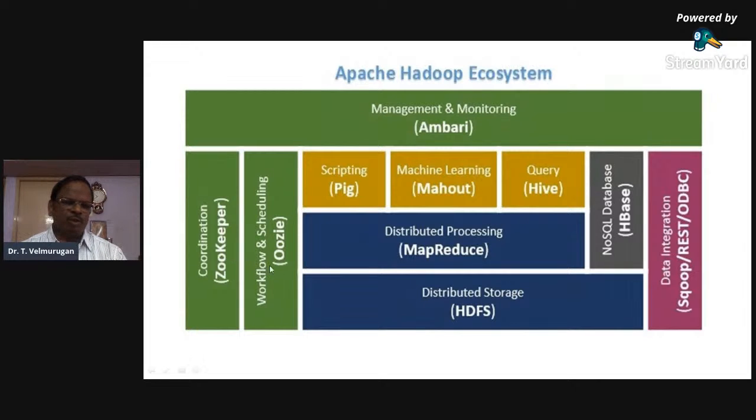is done by ZooKeeper, and the workflow and scheduling is done by Oozie. The intermediary between MapReduce and other software for scripting, machine learning, and querying is done by HBase, Hadoop Base.